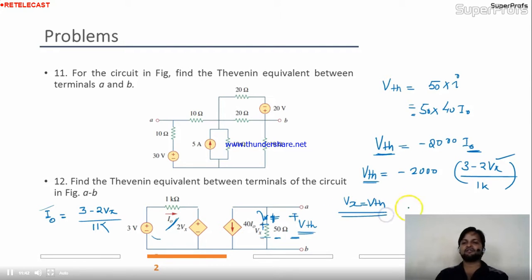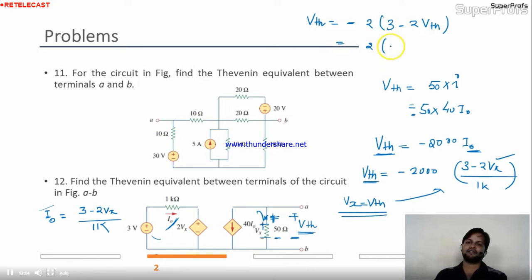Once you put this value over here and calculate VTH, let me do it for you. It is VTH equal to 3 minus 2 VTH. Is it okay? So this minus sign will go inside, so it will become 2 VTH minus 3.